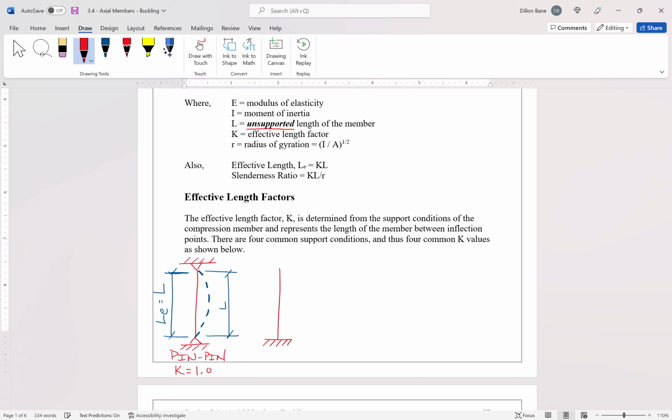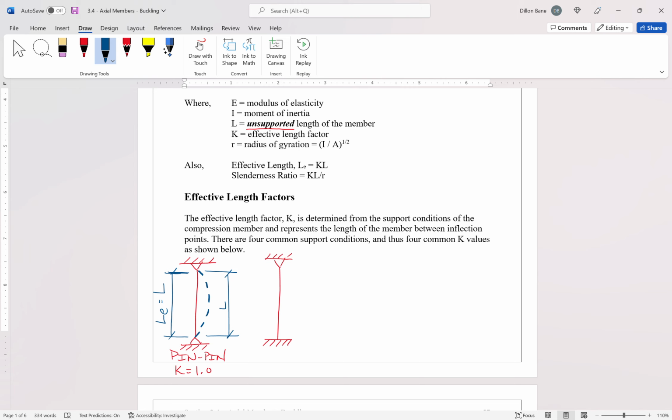Okay, fixed the bottom support, but we're going to let the top support still be pinned. Now you may recall from statics, thinking about the restrictions on different types of supports, that pin supports only allow rotation at the support.